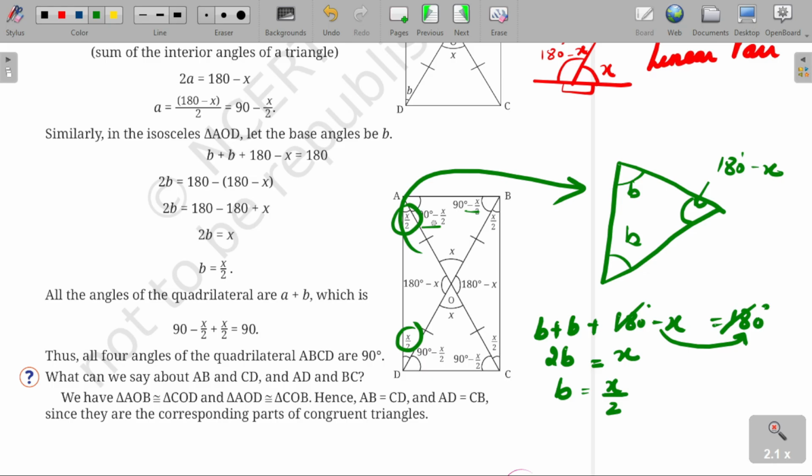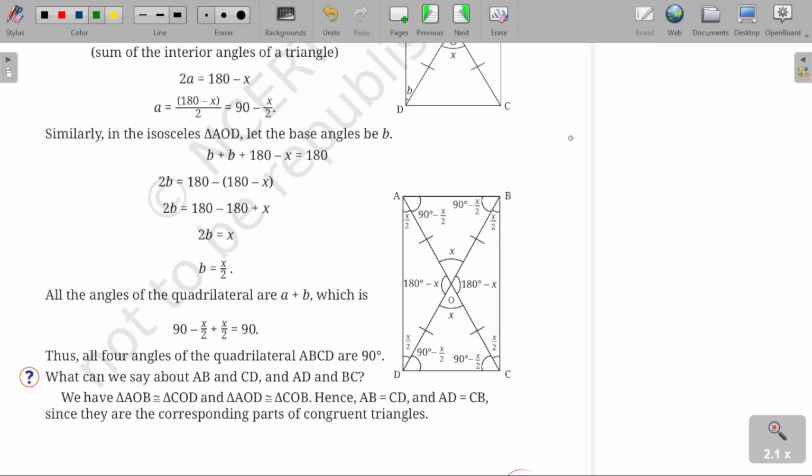Now just add these two. I am going to find just one angle, so let's add it. 90 degree minus x by 2 plus x by 2, the x by 2 cancels, so we are left with 90 degree only. Similarly, all the pairs you can see here, whenever they are solved you will get all the angles equal to 90 degree.